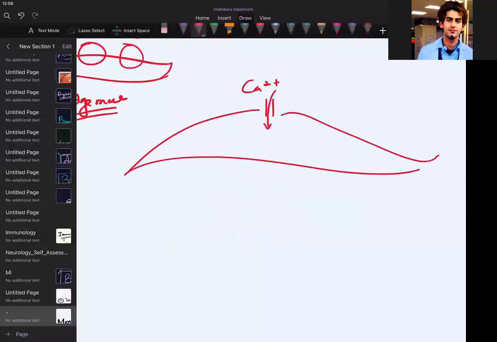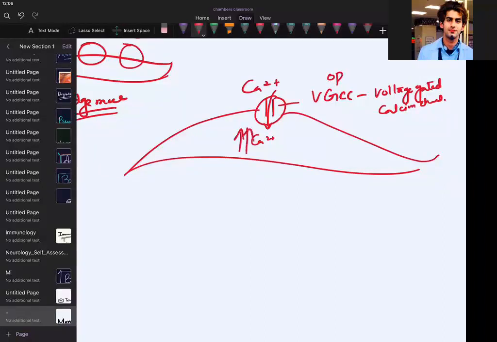what will happen? Influx of calcium will happen because extracellular calcium is there. What is the name of this channel? VGCC, voltage gated calcium channel. If you open this, intracellular calcium will increase. Let me make a big smooth muscle like this.